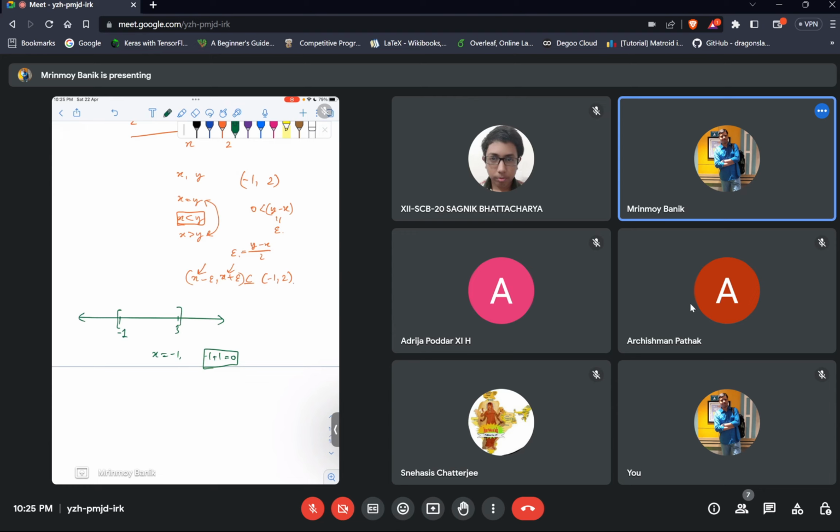The definition: a subset S of real numbers is closed if there exists x in S such that for all epsilon greater than 0, in the interval x minus epsilon to x plus epsilon there exist y and z such that y is not inside S and z is inside S.